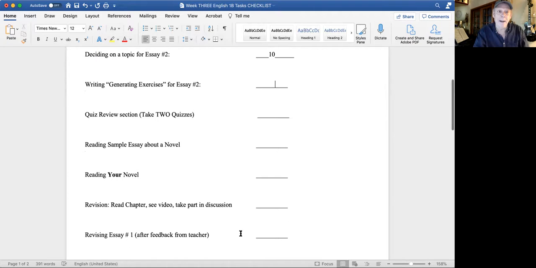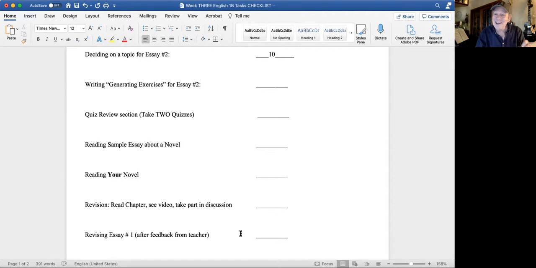There is a way to put a number on writing the generating exercises. Once you've decided what you're going to write about, the generating exercises are very similar to the ones that you had the week before in the 2 short stories essay.